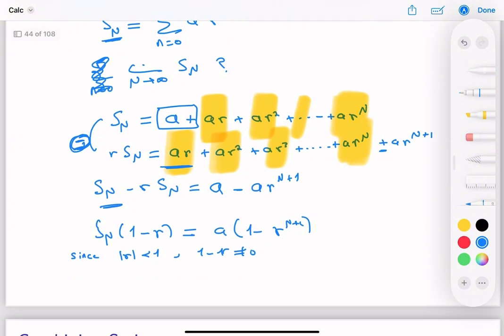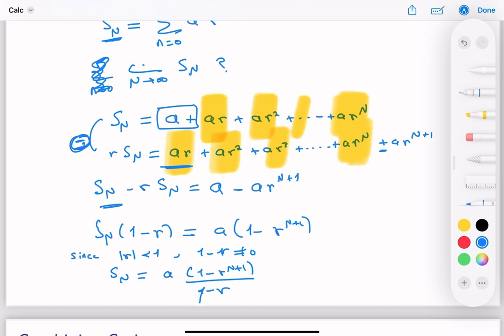Since r is a number that is strictly less than 1, 1 minus r cannot be 0. Now we can divide by 1 minus r, and what we have is that Sn is equal to a times 1 minus r to the n plus 1 over 1 minus r. We just divided by 1 minus r.